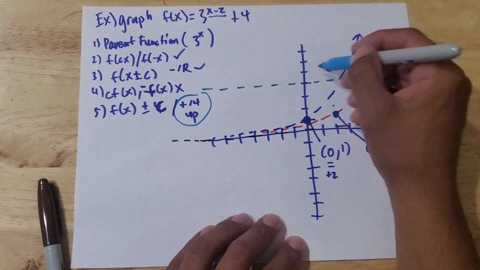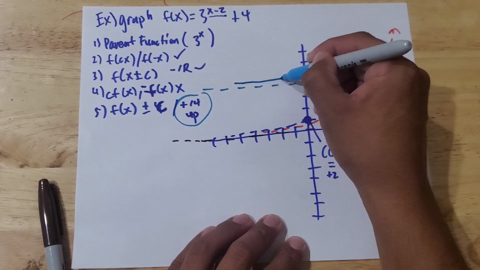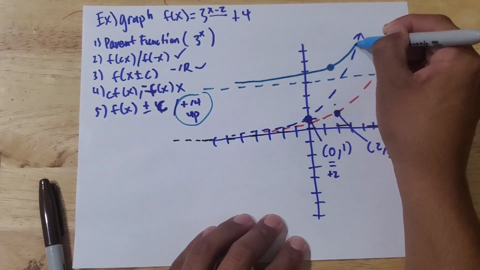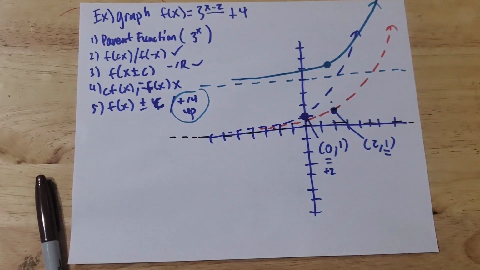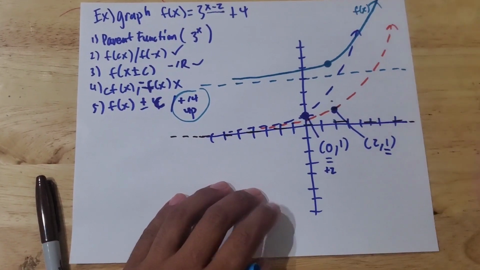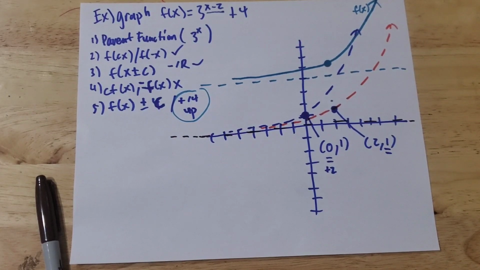But this point is still in the same place. We're not going to cross that line. We know we intersect this point and then it has to go up. And that's the final graph. This is your f of x here. We've shifted it and we're able to graph it.